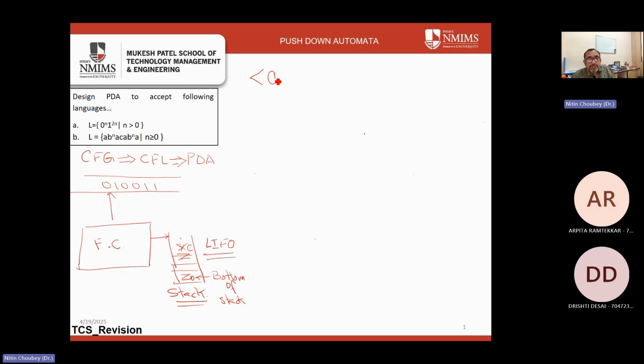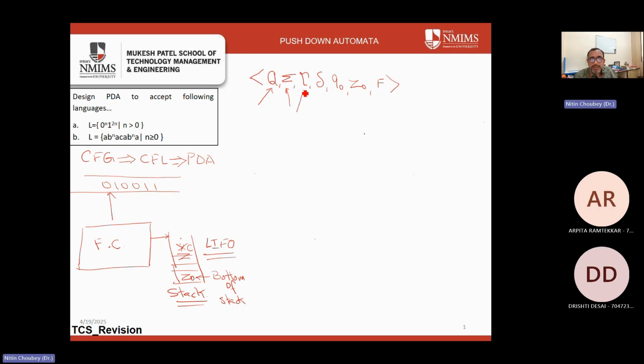So a tuple definition for PDA can be given as Q, sigma, tau, delta, Q0, Z0 and F, where capital Q is nothing but the finite set of states. Sigma or alphabet is referred to as the finite set of input symbols.